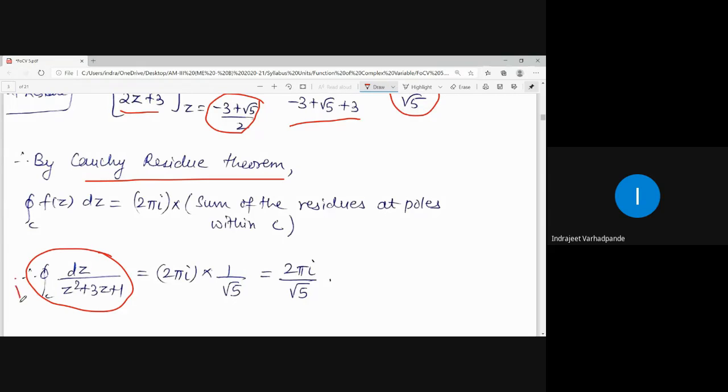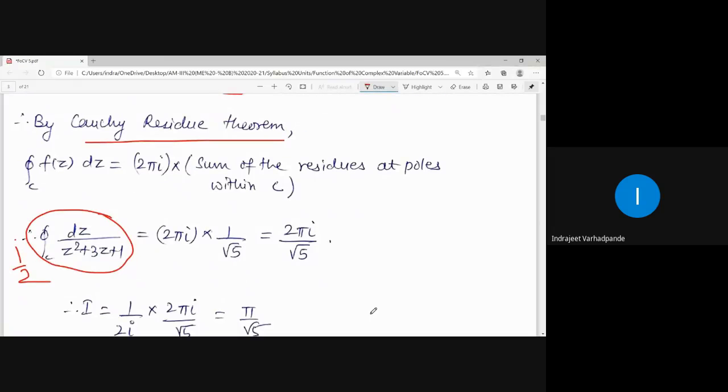But the original question had this integral multiplied by 1 upon 2i, not half. We also took i outside, since dθ was 1 upon iz dz, so that is also taken outside.